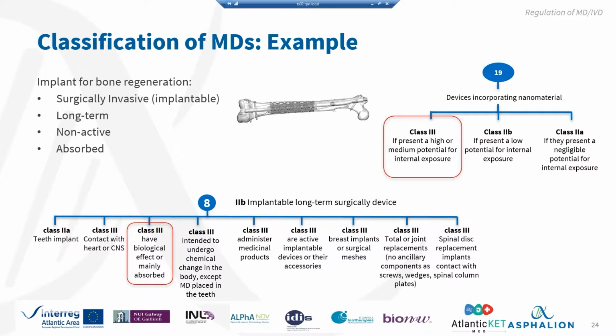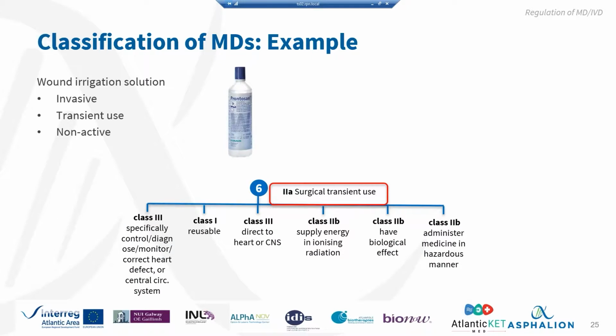So let's see an example of an up-classification due to different rules. Let's imagine a wound irrigation solution, which is invasive, because it goes inside the wounds. It's for transient use because it's only going to be used during surgery, and it's a non-active device. So according to Rule 6, this would be considered a 2A device.